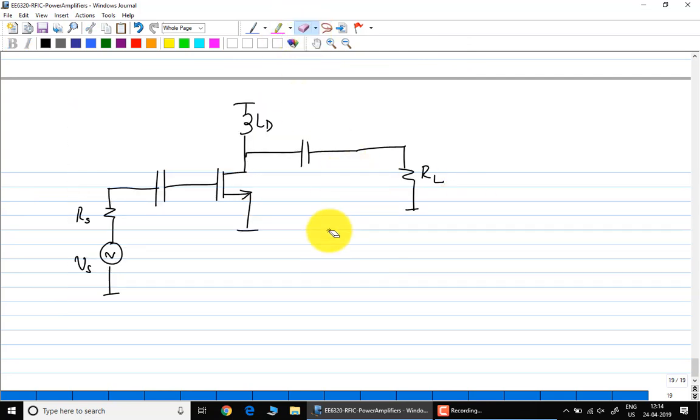So he's saying, I take my circuit, I measure R out, whatever it is, and I put an output matching network that brings RL to R out.